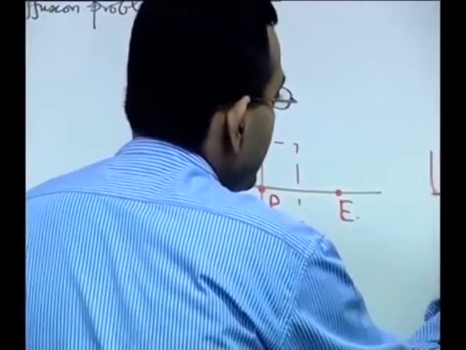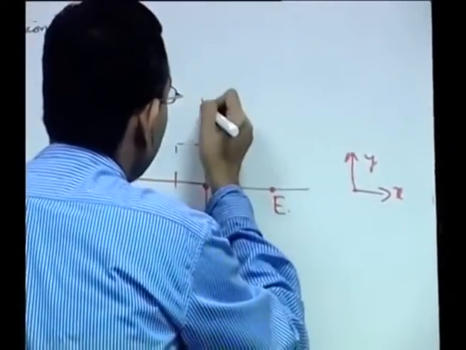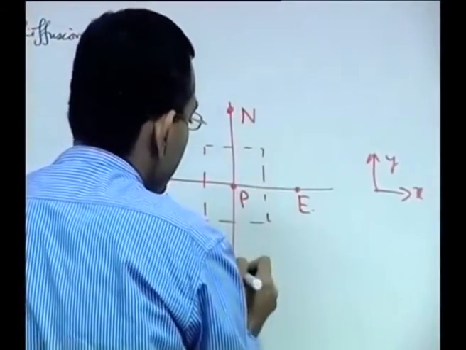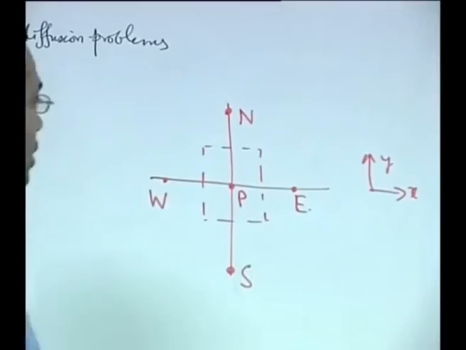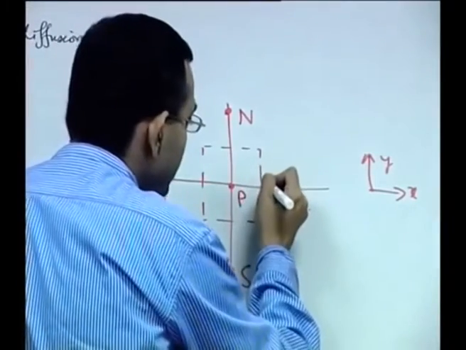Now, if this is x, this is y, along y direction we have grid points N and S, north and south. The control volume faces are represented by small letters.